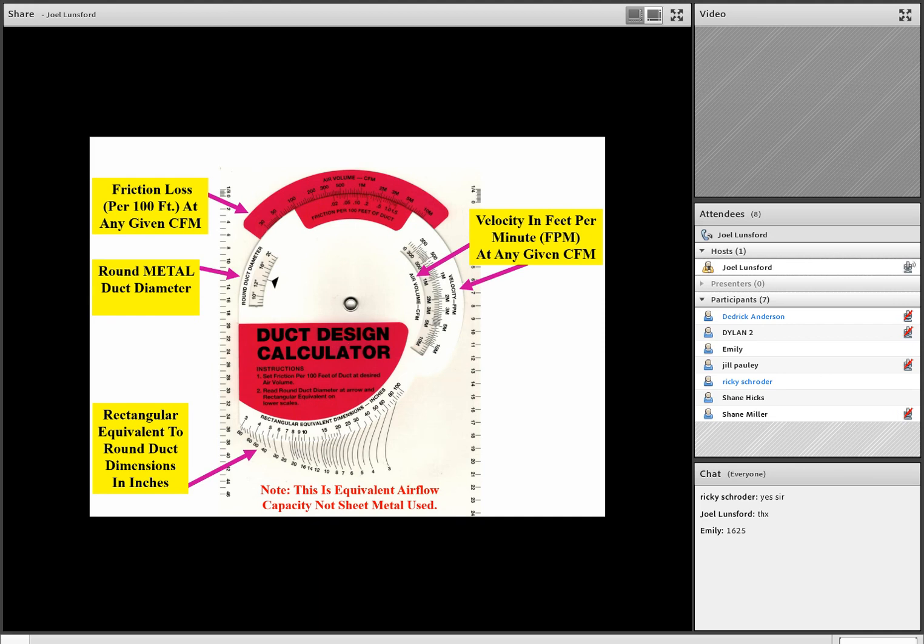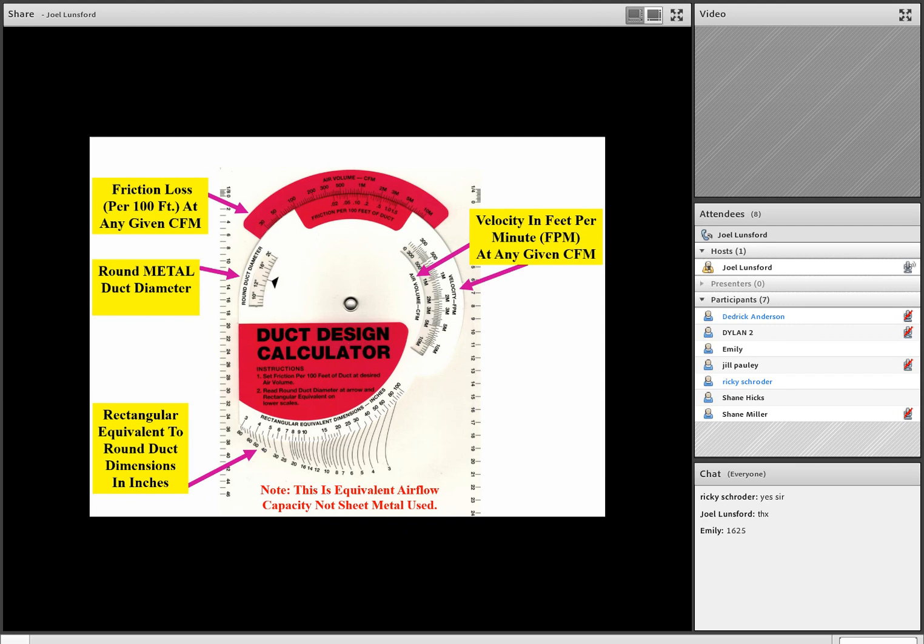And we'll learn more about static pressure in our future modules. Next week we'll be getting into modules 3 and 4, and we'll learn more about static pressure and taking static pressure readings to determine airflow on a duct system. In addition, we'll also be looking at building a duct system in modules 3 and 4.